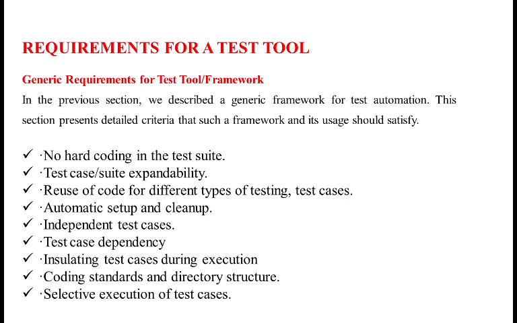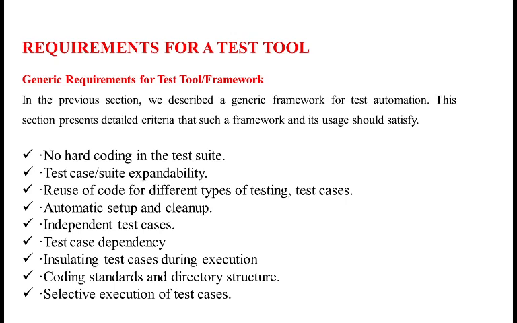The first requirement for a test tool is no hard coding in the test suite. That means one of the most important requirements of a test suite is to keep all variables separately in a file. The source code for the test should not need to be modified every time it is required to run and test different values of the variables.